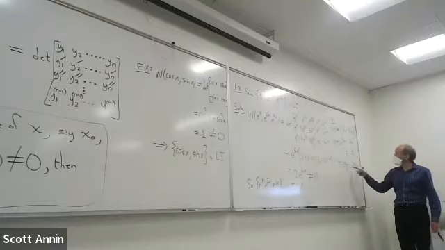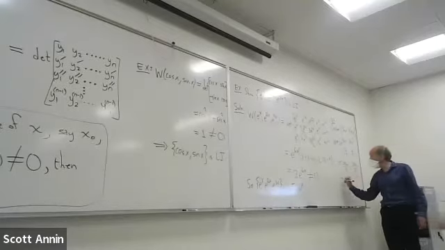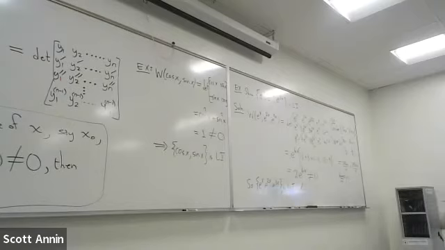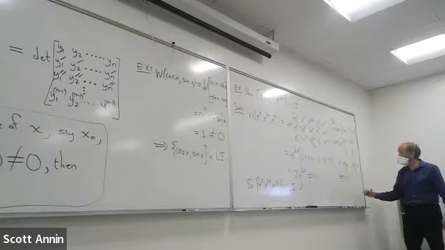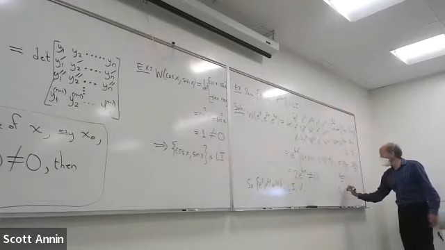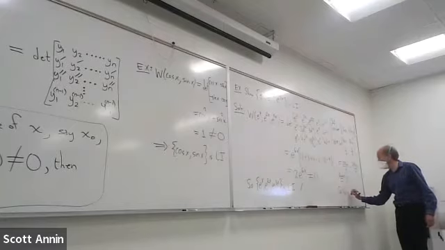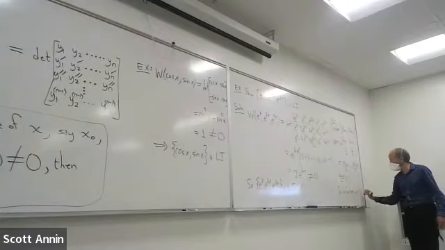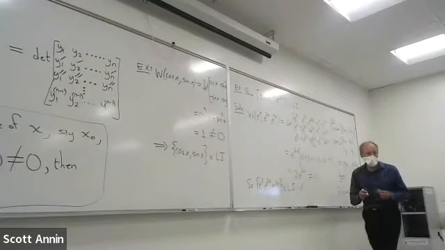If x is greater than 0, what am I going to get? 0. That's the point, is that I always get 0. Exactly. So this is actually always 0. There is no x naught. We cannot plug in a number here and get a non-zero Wronskian, right? So the functions are LD. In this example, they are definitely LD.